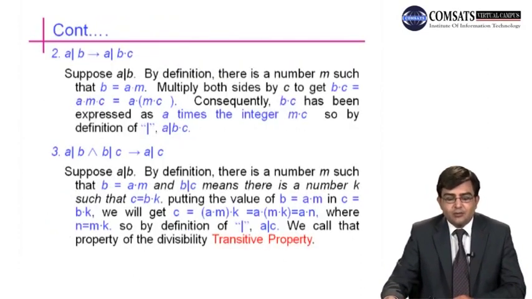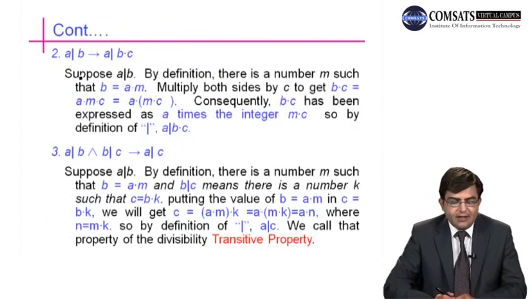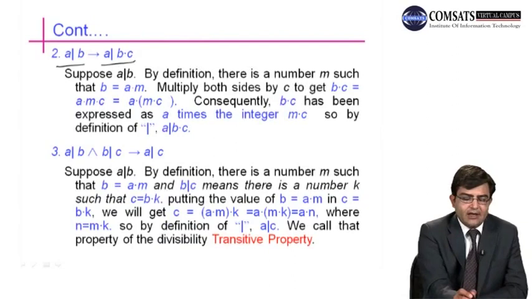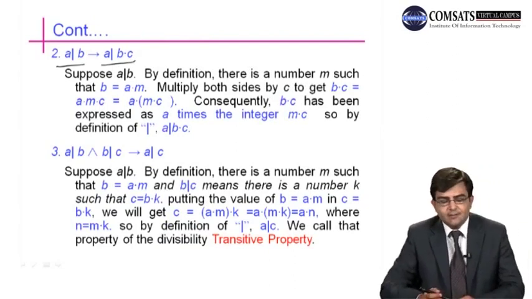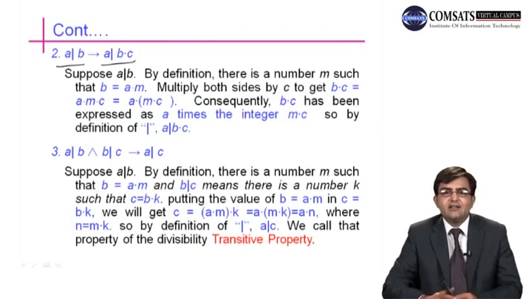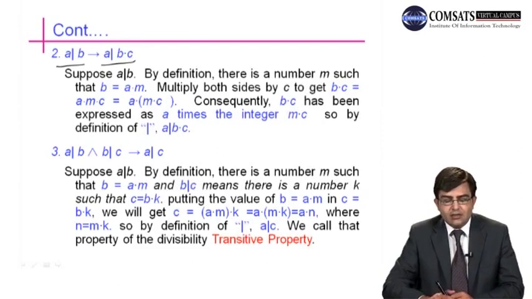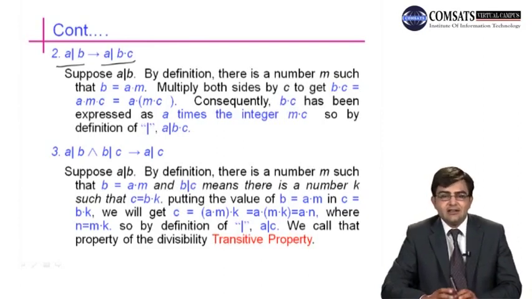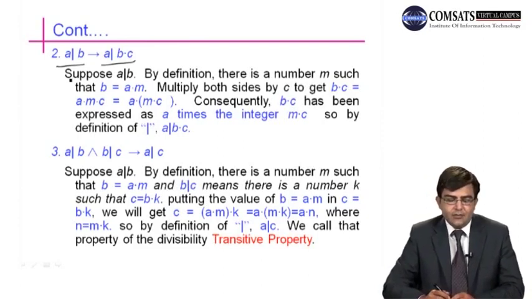Similarly we can prove the other two statements. If A divides B implies A divides B into C. So how do we prove such conditional statements? We suppose that the hypothesis of the conditional statement is true, and we prove that the conclusion is also true.